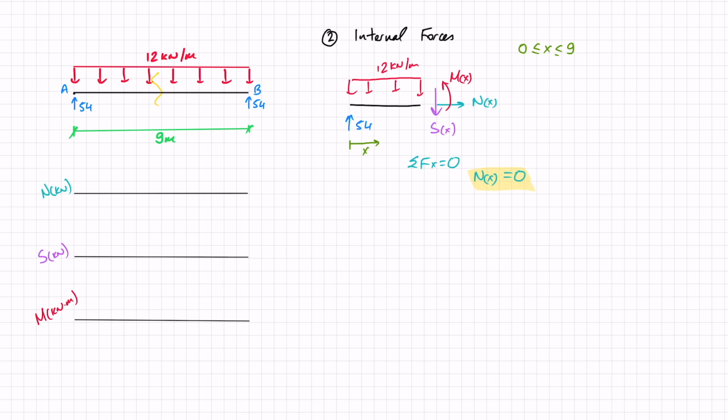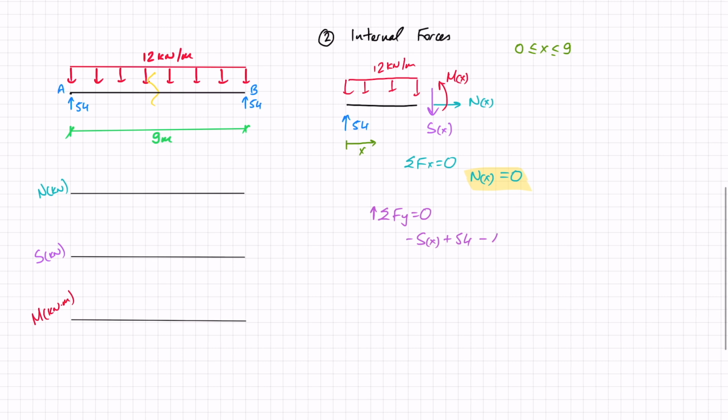The next thing I'm going to do is sum of forces in y equals 0, and in this case I have got my S going down. Sorry, this is my positive direction, so S is going down, so that's negative. Then I've got my 54 going up, my reaction force, and then I've got my UDL, okay? My UDL is going down, so that is negative, and it's always going to be the area of the rectangle, and the rectangle is always going to be 12 times x, right?